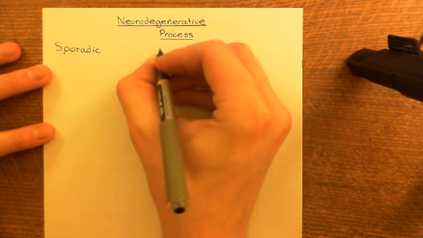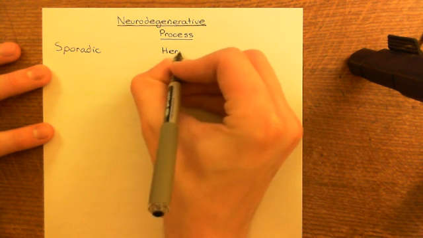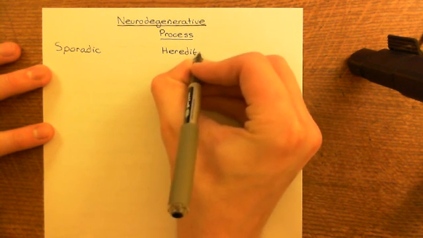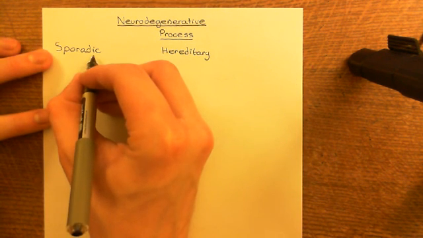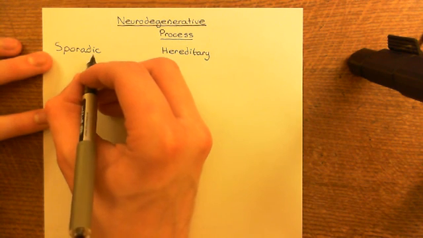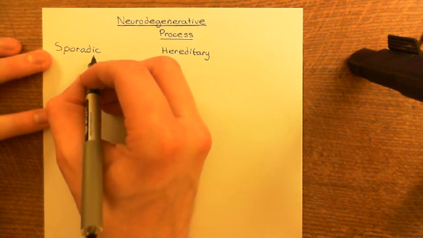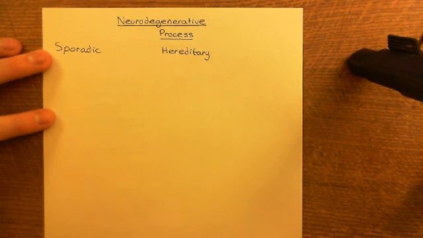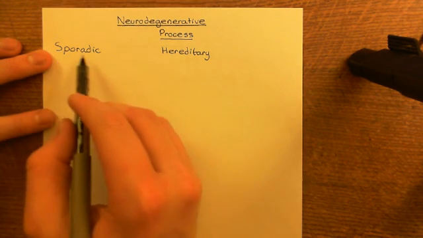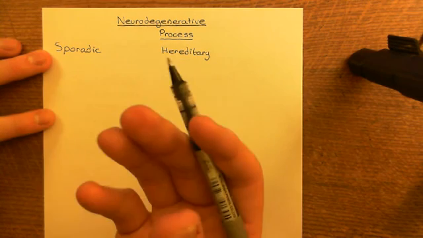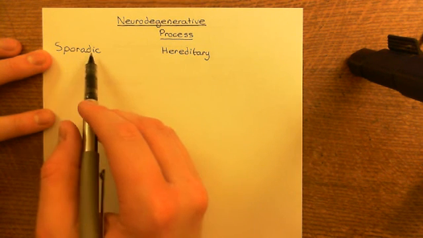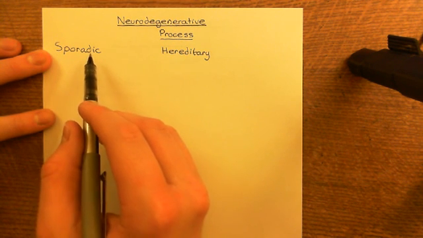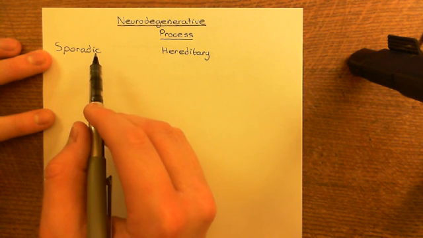So you have sporadic forms of Parkinson's disease and hereditary forms of Parkinson's disease. Now, sporadic forms occur in the general population where there is no genetic cause of it, at least there's no genetic cause of it that they've had since birth. It doesn't mean that in neurons there couldn't be mutations that have occurred, but at least in the germline they do not have mutations that predispose them to Parkinson's disease.